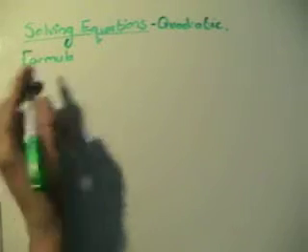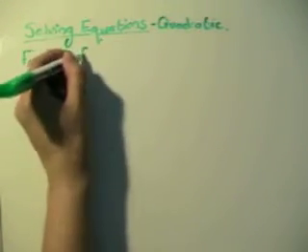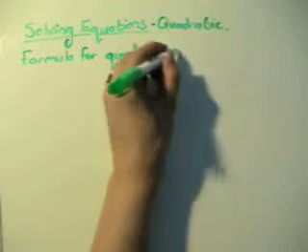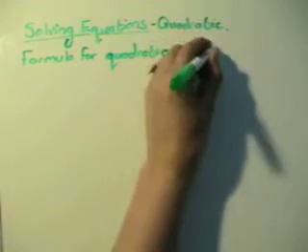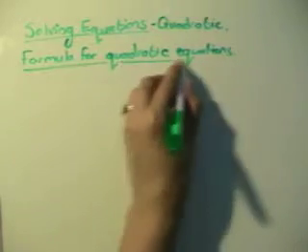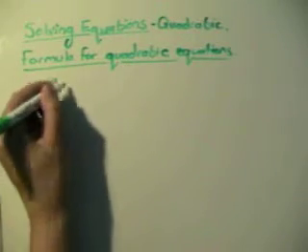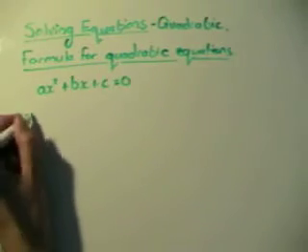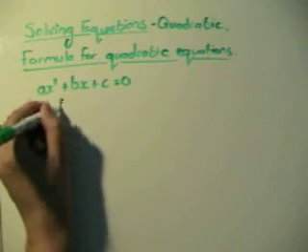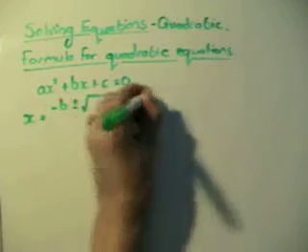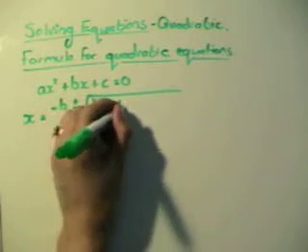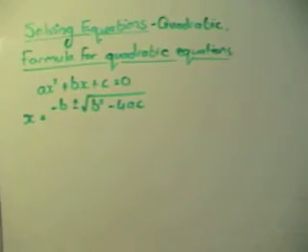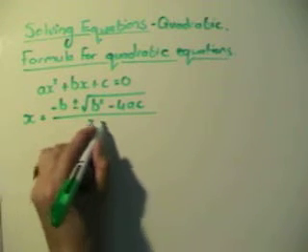We're coming to that, but there is a formula specifically for solving quadratic equations, and that is: if I have my quadratic equation in the form ax squared plus bx plus c is equal to 0, then the value of x is equal to minus b plus or minus the square root of b squared minus 4ac, over 2a.